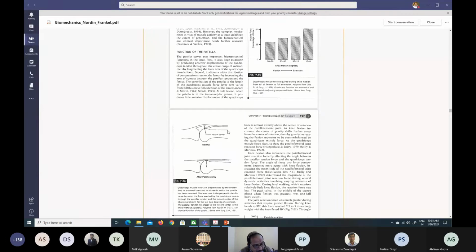So if you are looking into the functions of the patella, the two most important biomechanical functions are these. The first is that it aids knee extension by producing anterior displacement of the quadriceps tendon. So it basically aids knee extension.